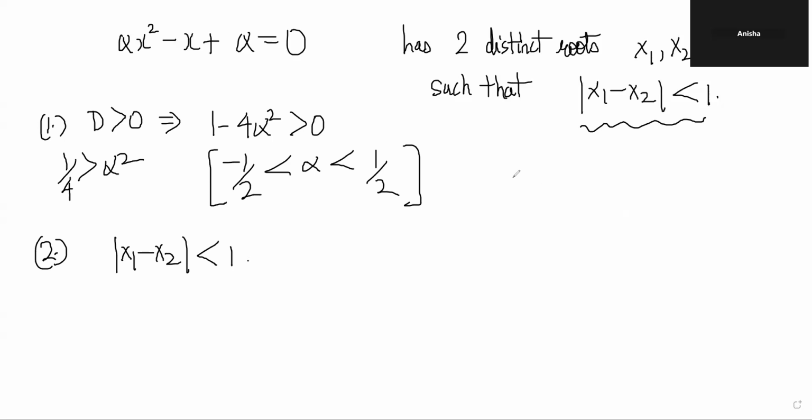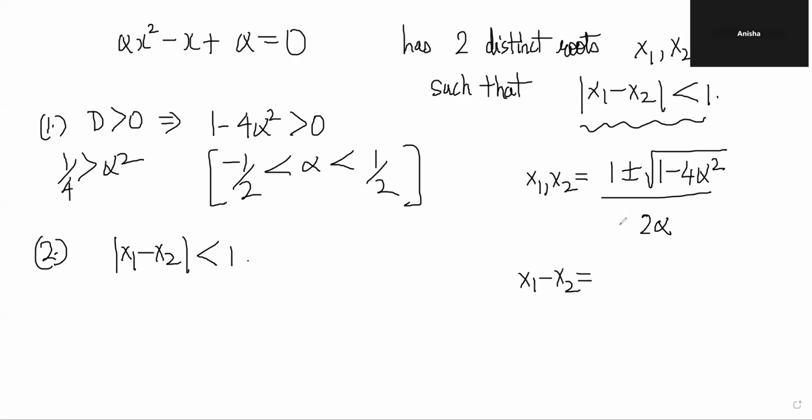The roots x1, x2 are what? Minus b plus minus root of the discriminant, which is 1 minus 4 alpha square, by 2 alpha. So when you subtract them, x1 minus x2, you will get what? Let's take x1 is this one with plus and x2 is the other one.